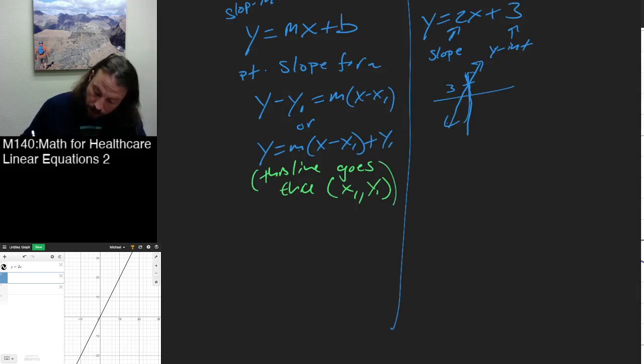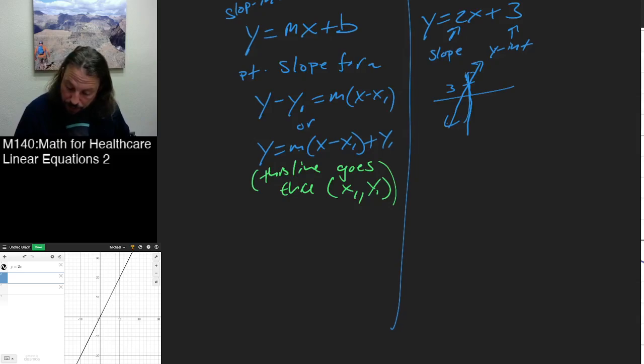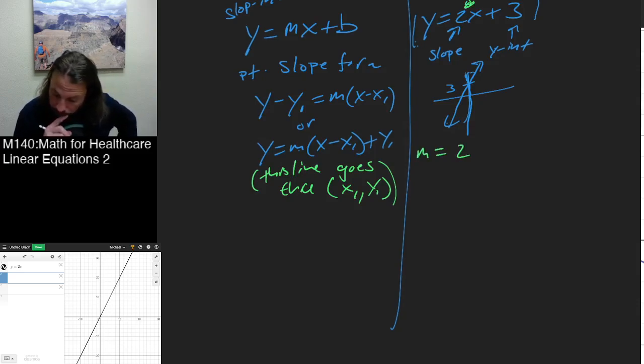Now over here in our example, let's see if we can put this first equation into point-slope form. We know the slope is 2. And what point does it go through?